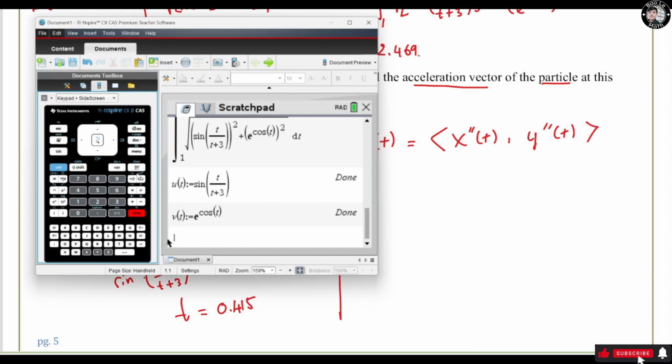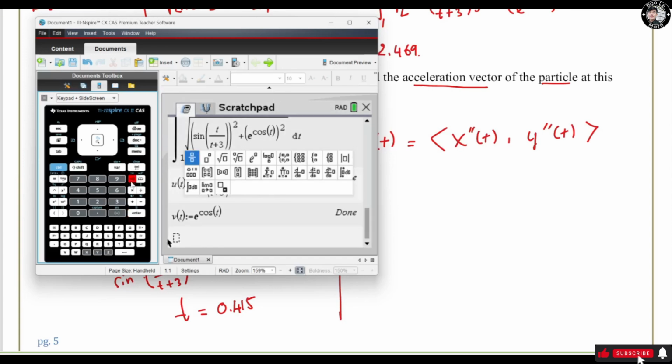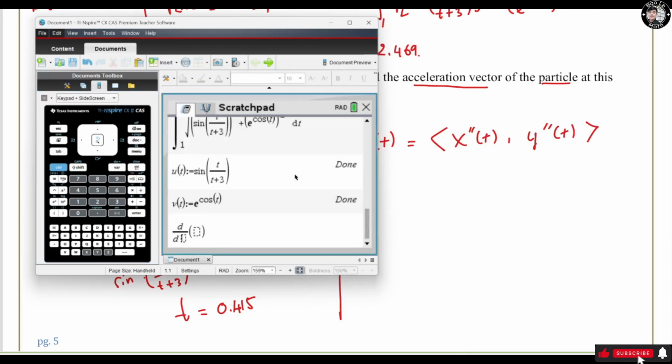So we're going to press this button right here. Then we're going to hit this guy right here. Alright, so this one should be t. Right, this is u of t. Then you go to the right, you need to press Ctrl equal sign, put the line right here.